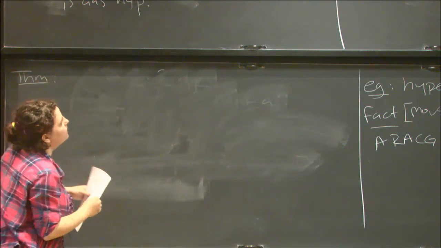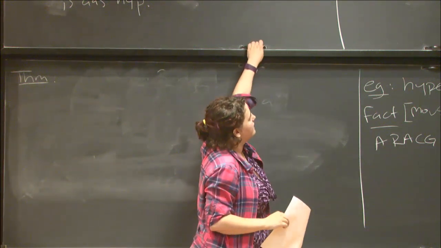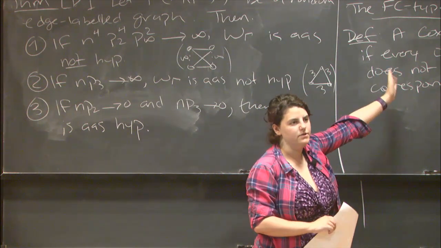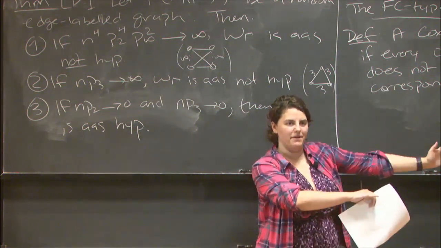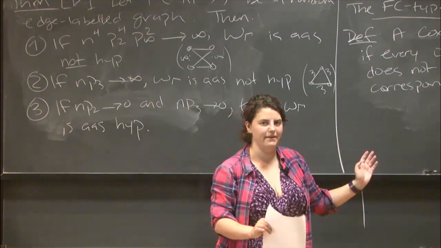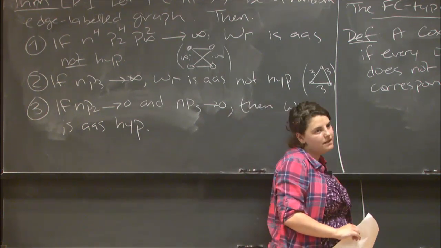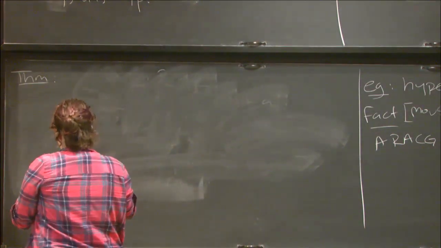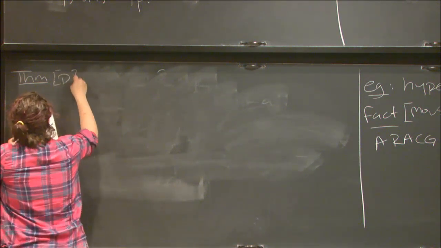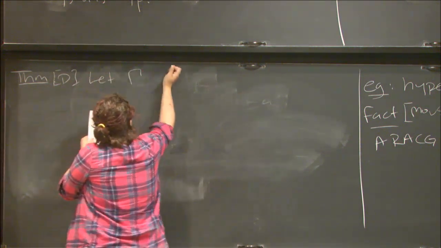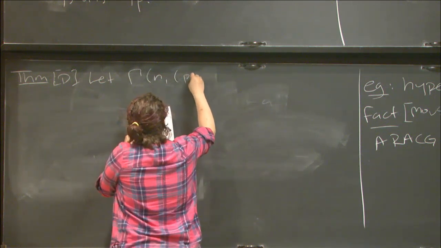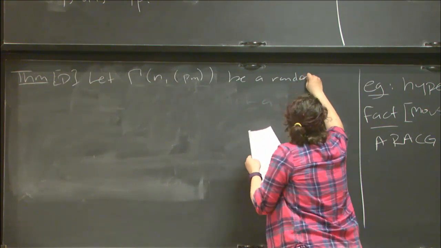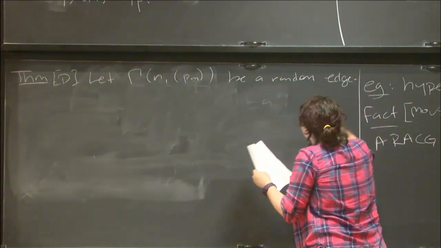Oh, I should point out, this is really a property of the graph. That first part, where we go from the property in the group to a graph property, is automatically done just by what the property is. So yeah, this is me again. We're going to let Γ be a random edge-labeled graph.